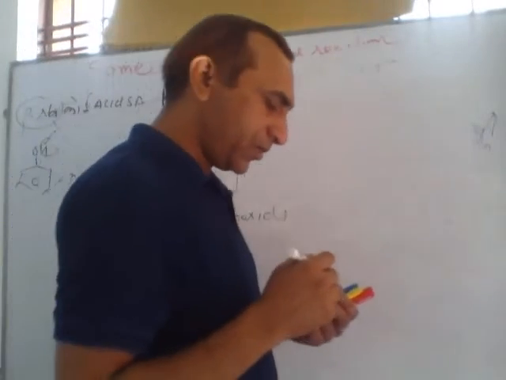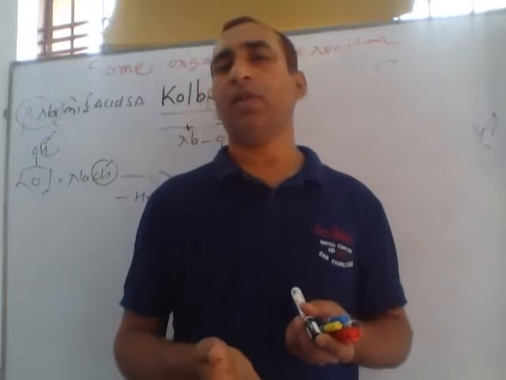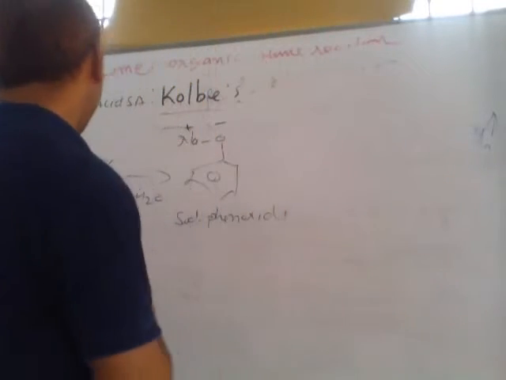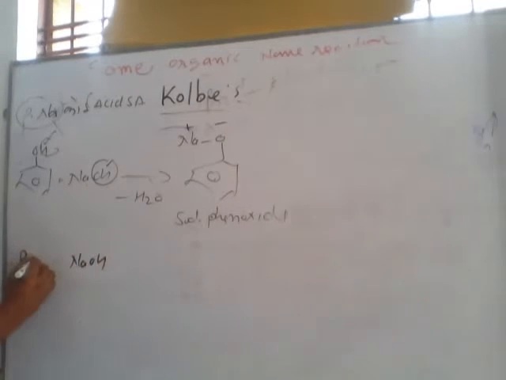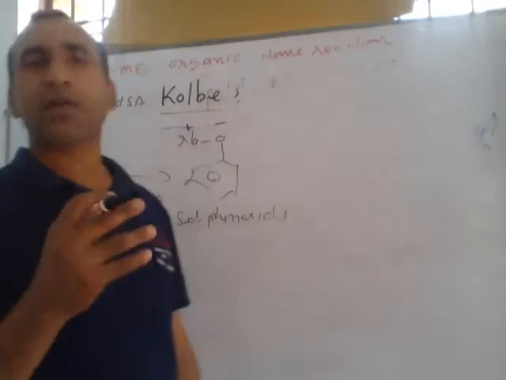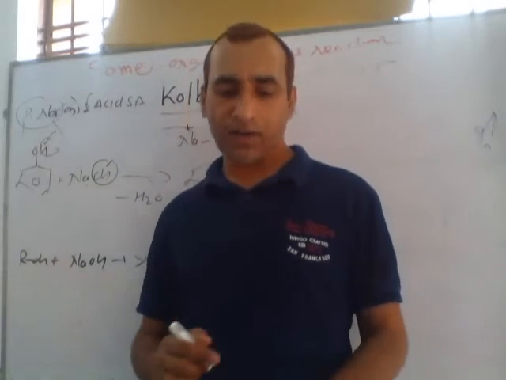Sometimes they ask, give the reaction to prove the acidic nature of phenol. Phenol is acidic. If you react NaOH with alcohol, no product will form. It means this is a base, but alcohols are not acidic. If the nature of alcohol were acidic, then NaOH would react.